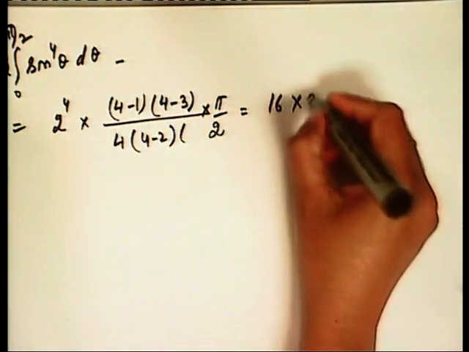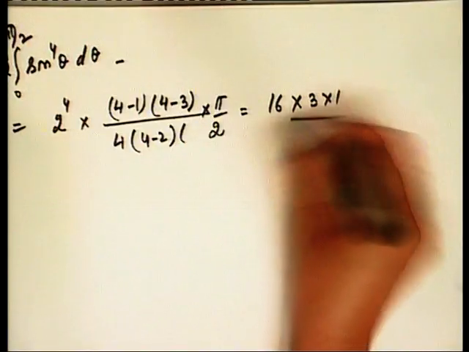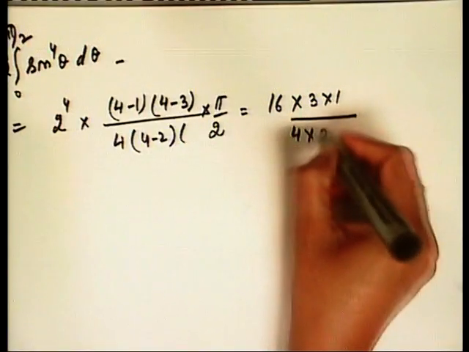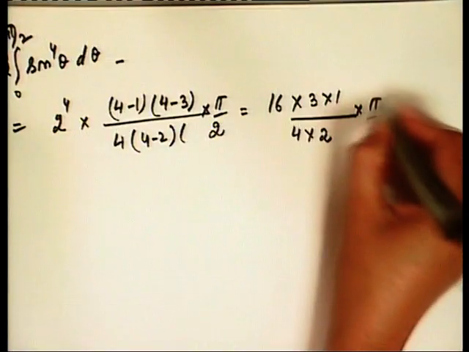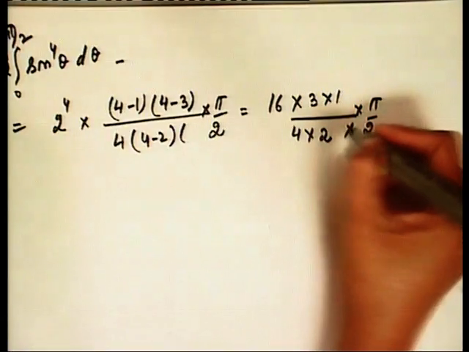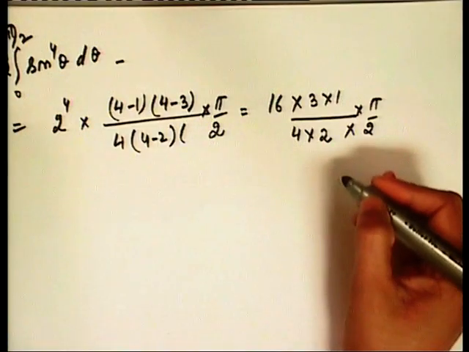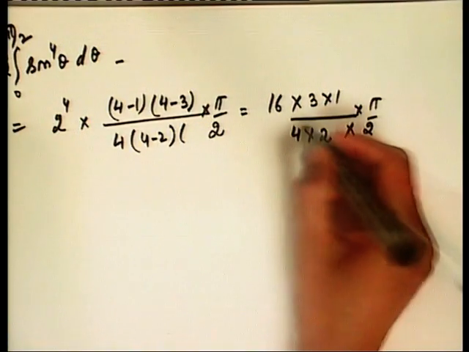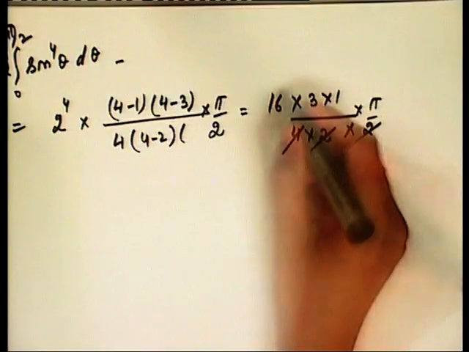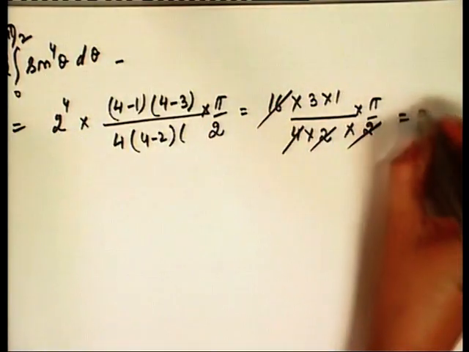That is 3, 1 over 4, 2, and pi by 2. And we get 3 pi.